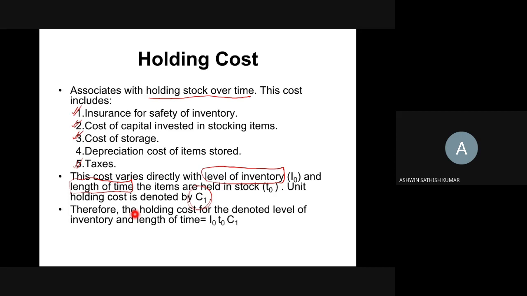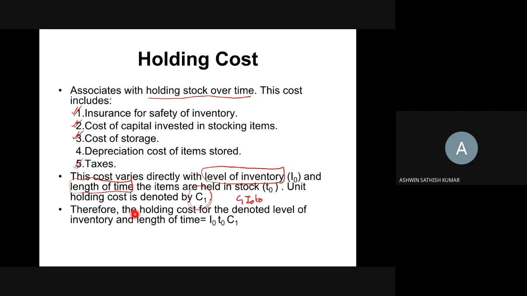So the total holding cost will become C1 into whatever the inventory for the time period T naught. So that will be the total holding cost for the period T naught, for the inventory level I naught.